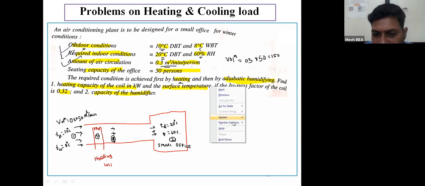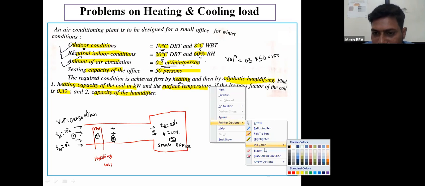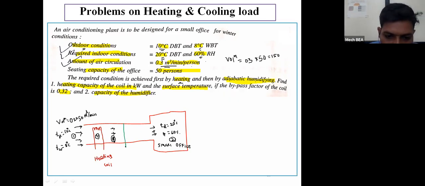Adiabatic humidifier means cooling and humidification process will occur.